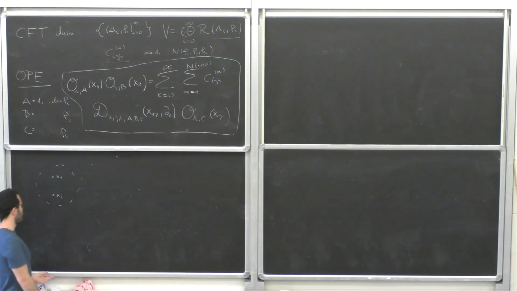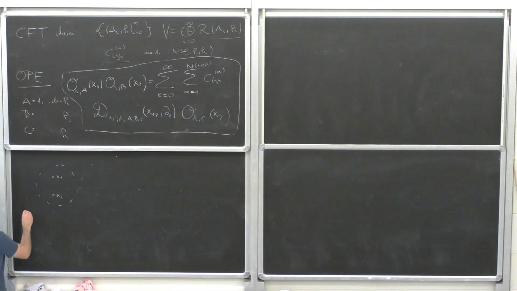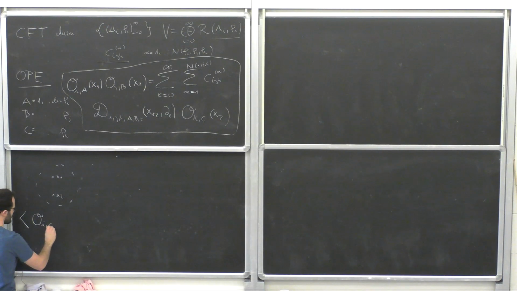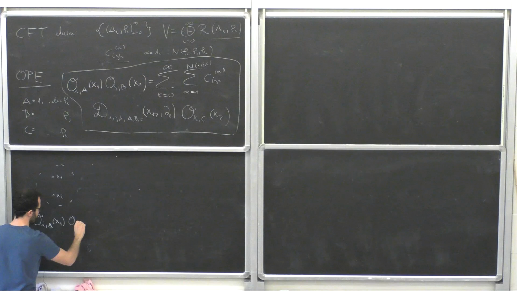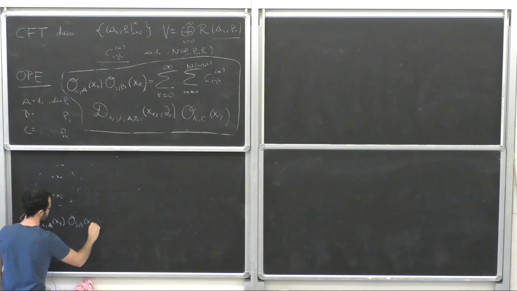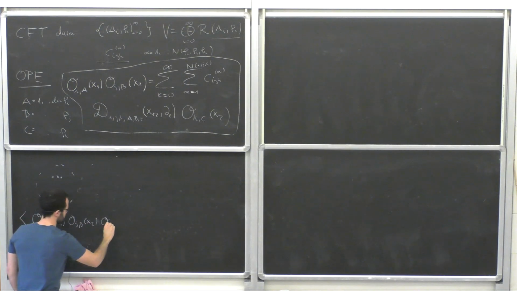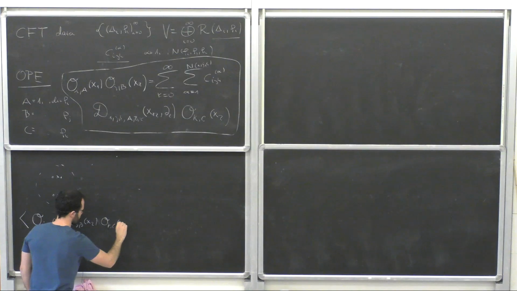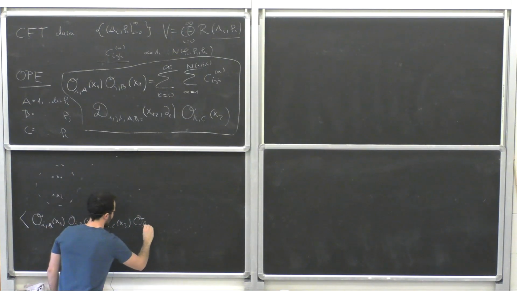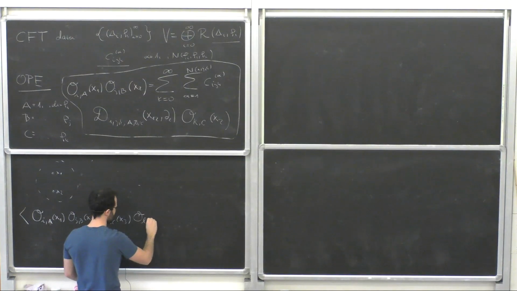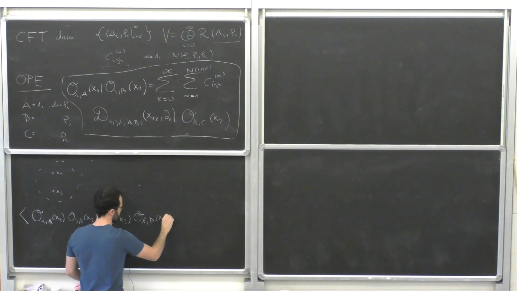And in particular, when we use the OPE in a four-point function, right? So in a four-point function, we would have four operators: O_I at x1, O_J at x2, O_K at x3, and O_L, let's say at x4.